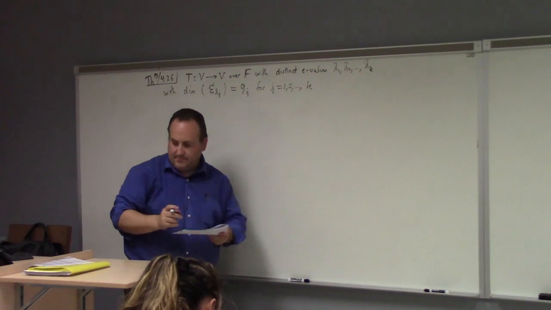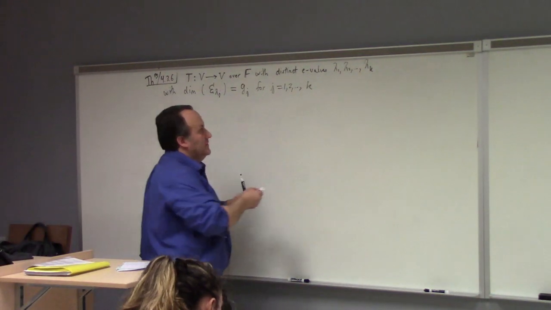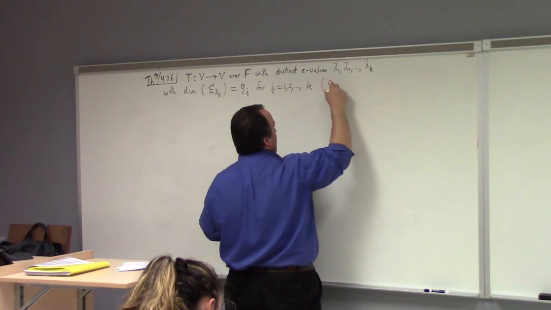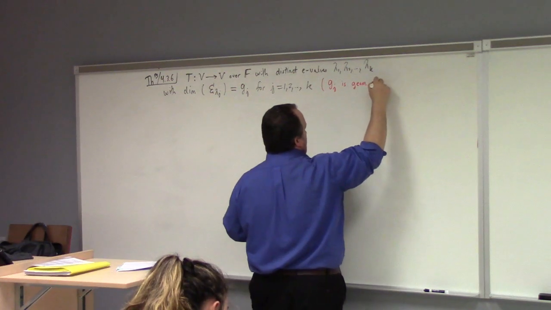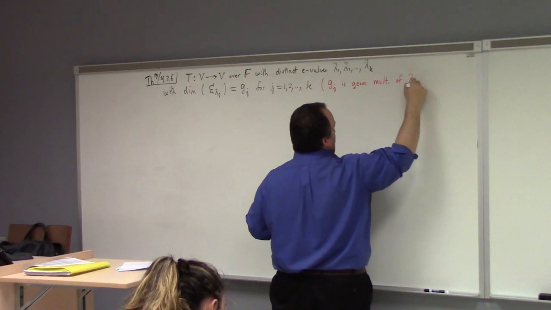What is this, by the way? Remember the word for this? G sub j is the geometric multiplicity of the jth eigenvalue.